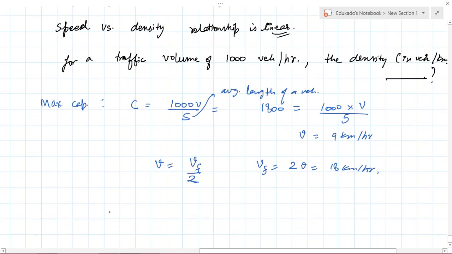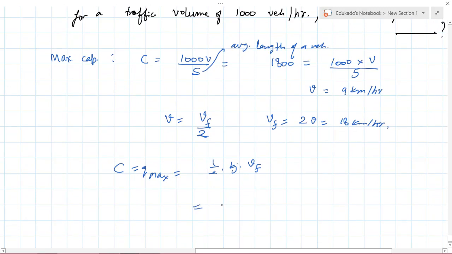Now we know one more formula: this maximum capacity C, which you can also call Q max, the maximum flow, is equal to 1 upon 4 Kj times Vf. So you can calculate Kj using this.